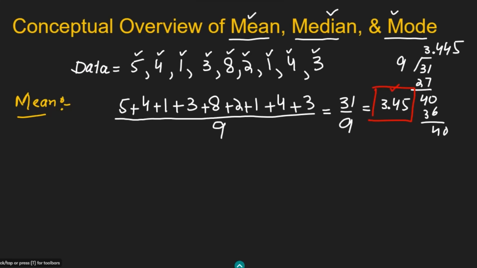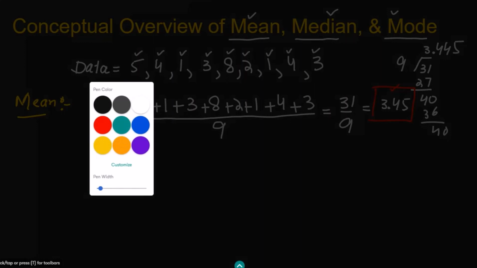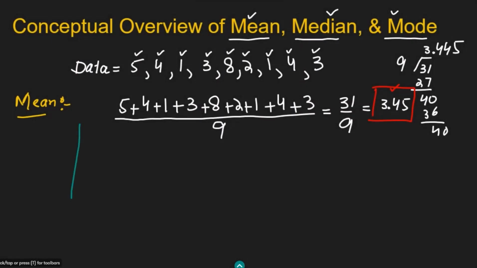Okay, we can also demonstrate it by using a graph like this one. So let me have these 9 numbers. These are 1 2 3 4 5 6 7 8 9.